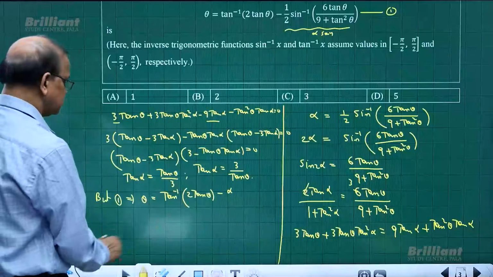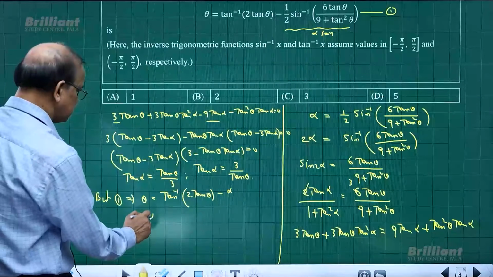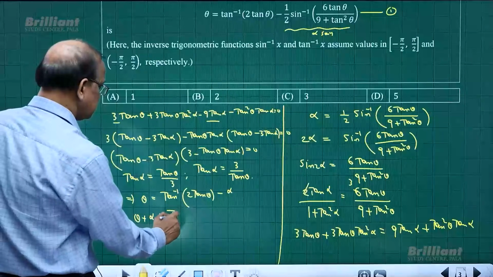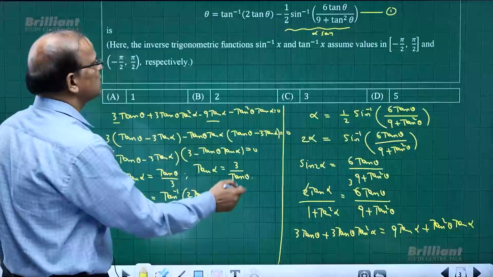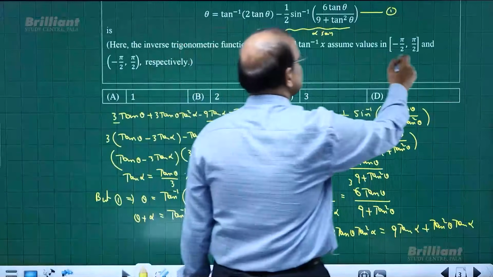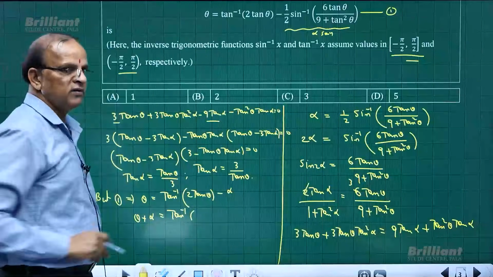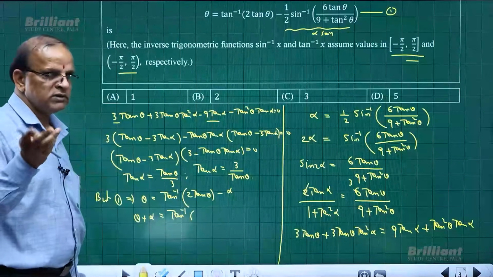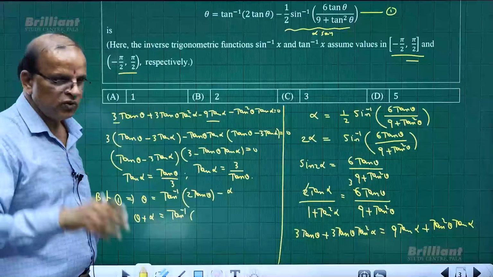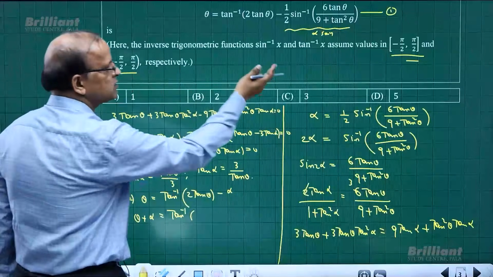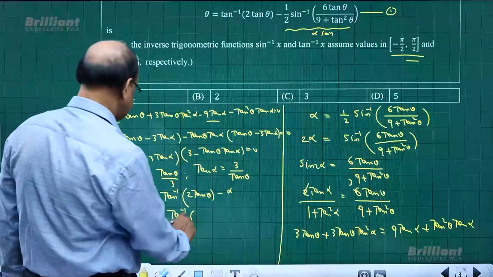Alpha turns this side, so theta plus alpha is tan inverse. Here, this is principal range only, so no need of thinking pi plus or minus pi plus. Only because it is a principal solution can you write it like this.